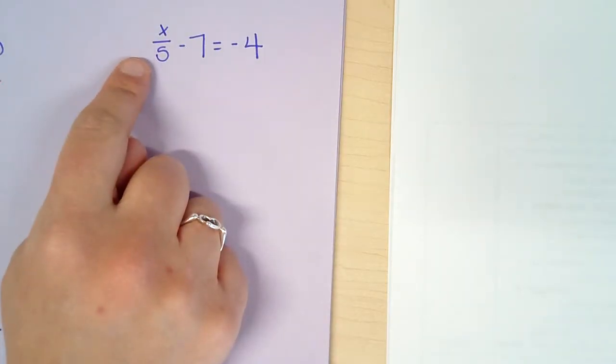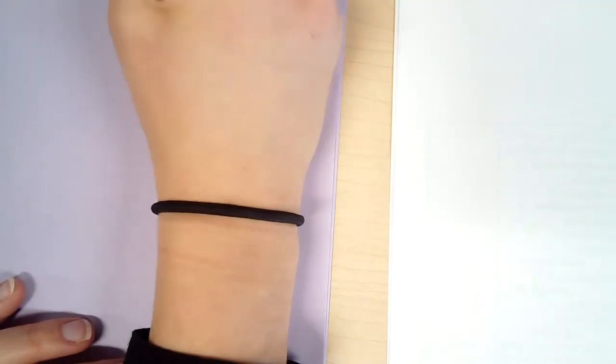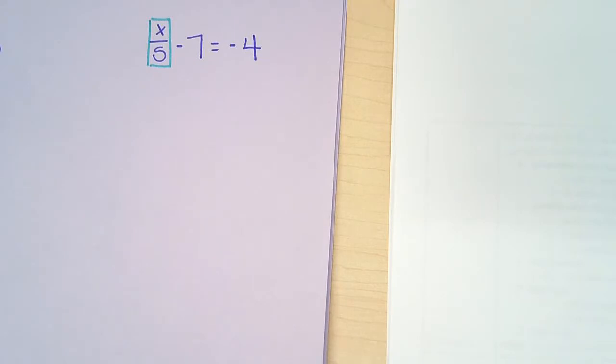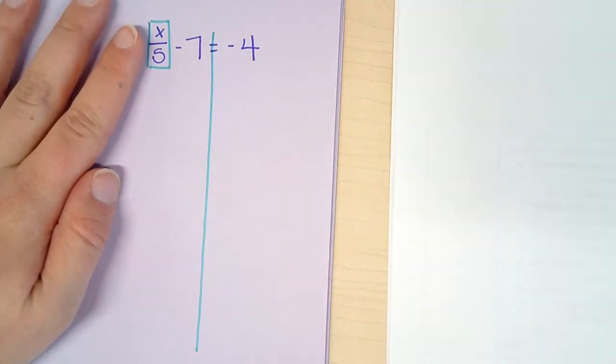Here we have x divided by 5 minus 7 equals negative 4. So again, I boxed the entire term that is attached to that variable. So that divided by 5 has to stay attached to that x to start. Now I draw my line.